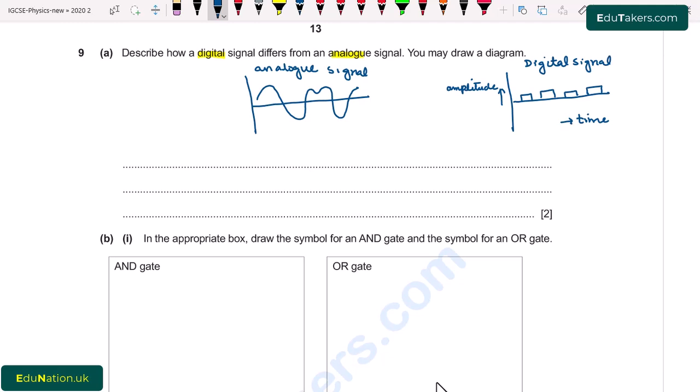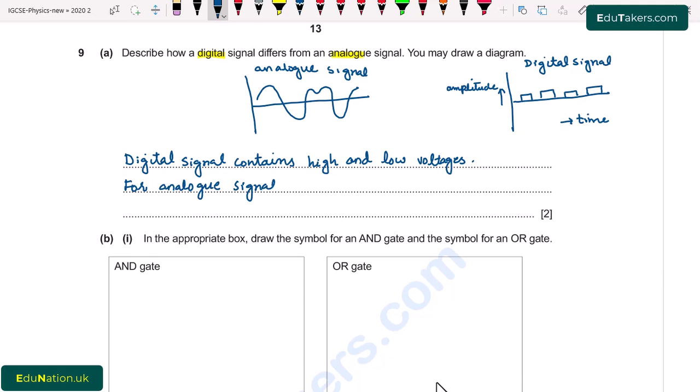I write here: digital signal contains high and low voltages, while in analog signal, voltage is continuously varying.